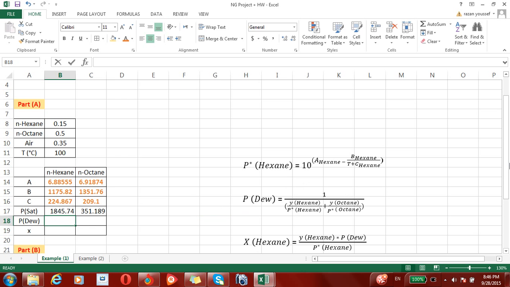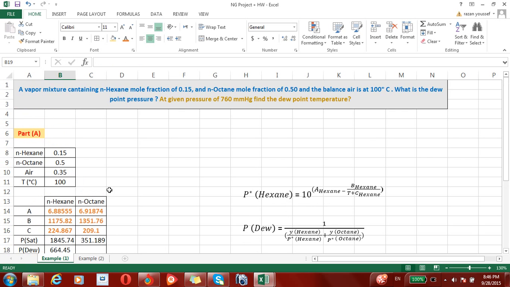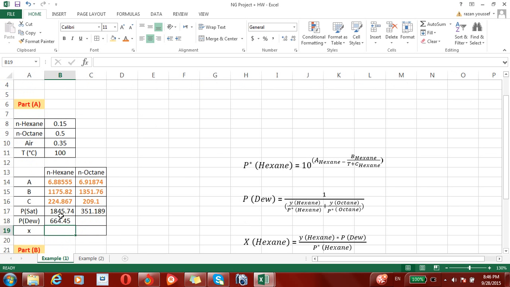So it will equal 1 over y of the hexane divided by the saturated pressure of the hexane, plus y of the octane divided by the saturated pressure of the octane. Close all the brackets, and you will get your dew point pressure for this mixture of gases.